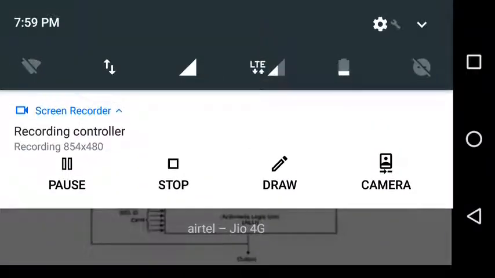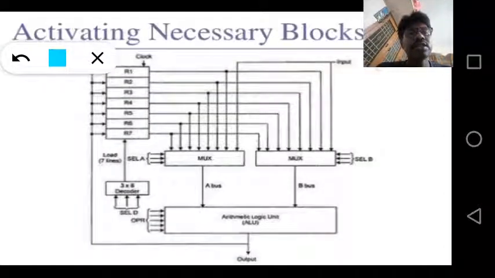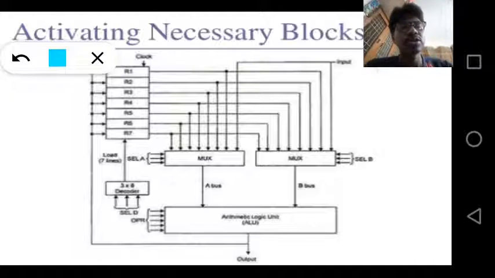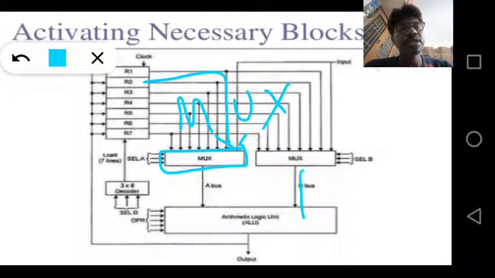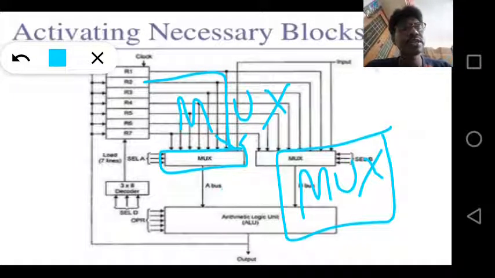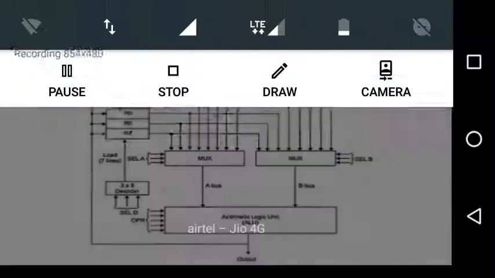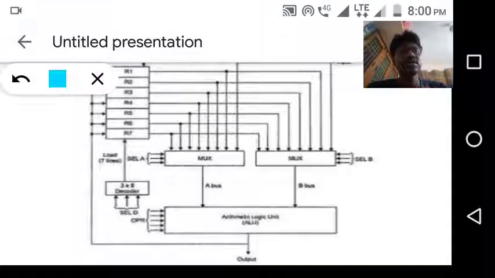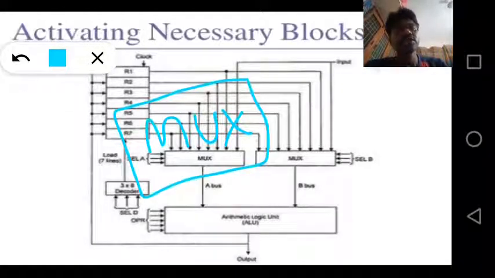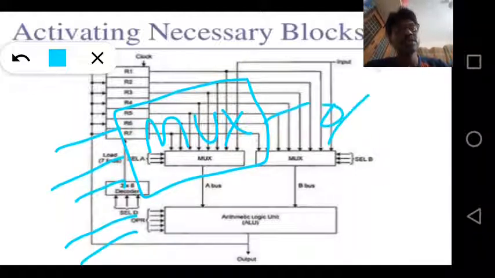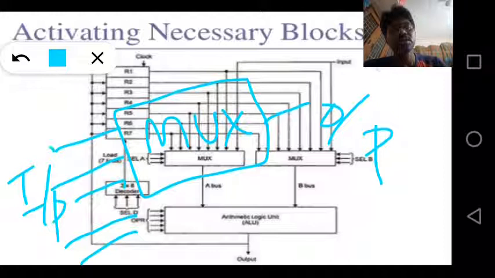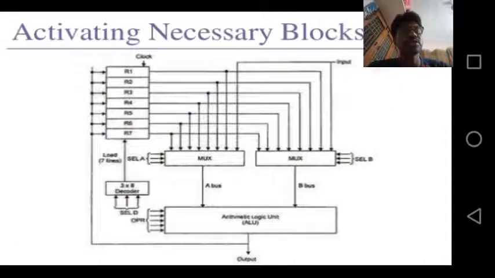This is called a 3 by 8 decoder, and such output will go to a multiplexer. The specialty of the multiplexer is that it takes multiple inputs and gives a single output. So this is about the multiplexer.